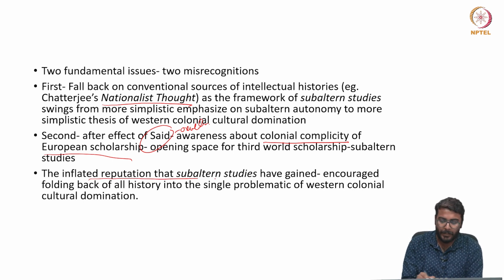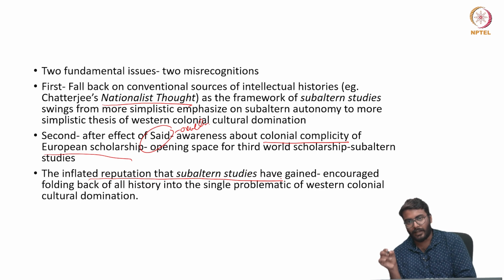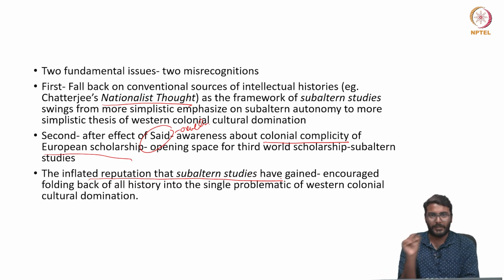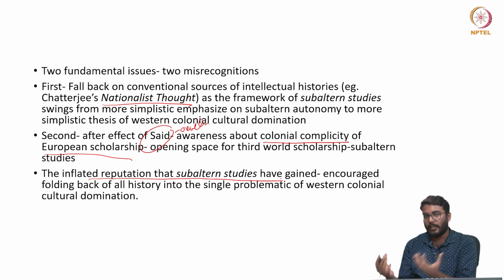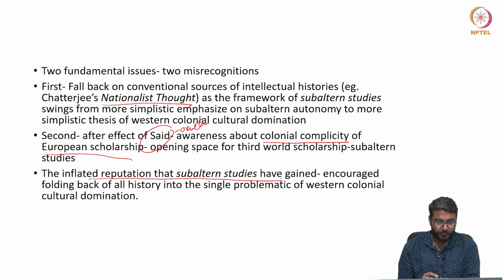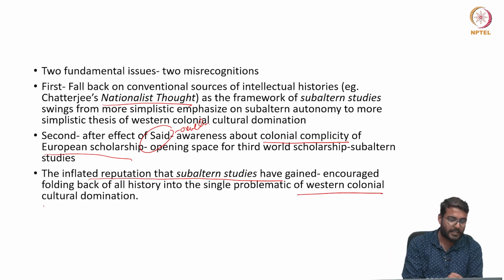Subaltern studies became an attractive school of thought in Western scholarship, not because of its inherent merit, but because of the circumstantial attraction to such original thinking, such an original movement within the global South. So this Western attraction has actually reinforced the idea of subaltern as a subject of Western colonial cultural domination.